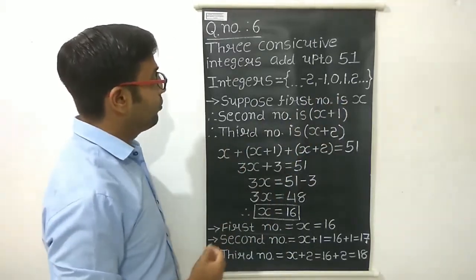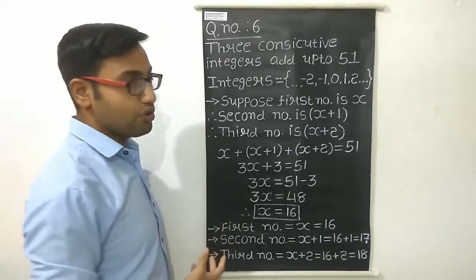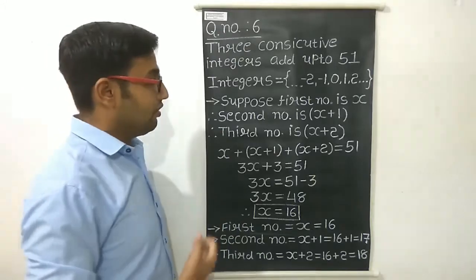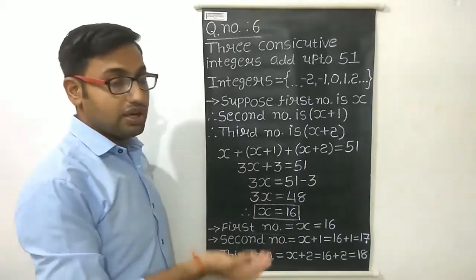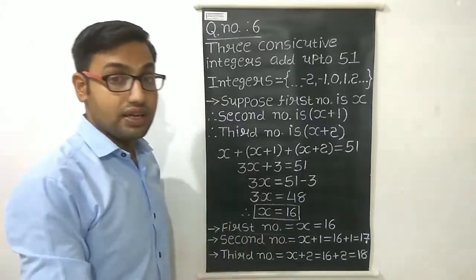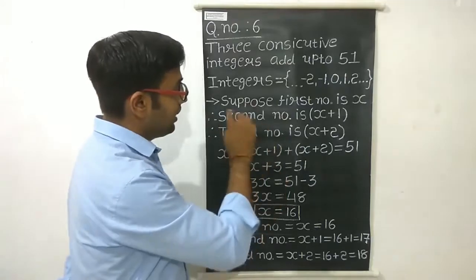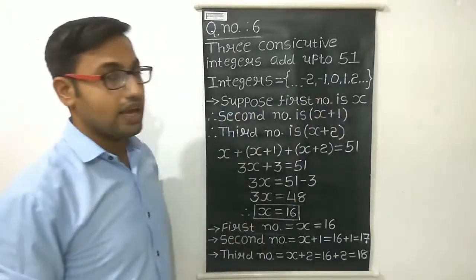So now how to take the other 2 numbers? Because we can suppose only one variable. We cannot take the second number as another variable y or the third number as a third variable z. We can suppose only one variable, and we have supposed the first number is x.